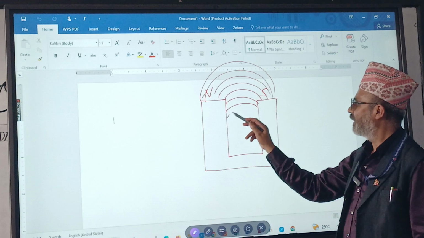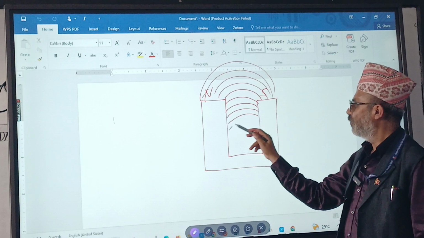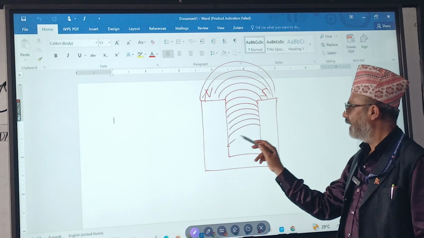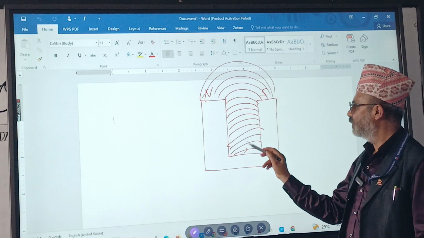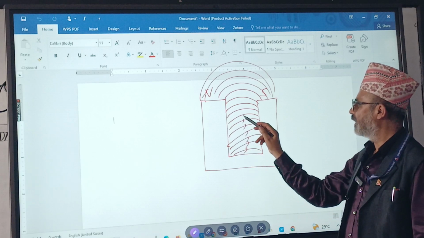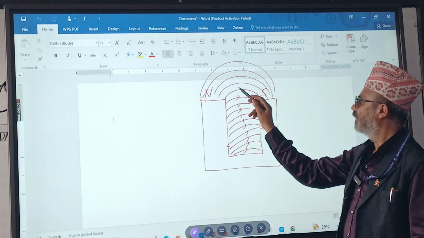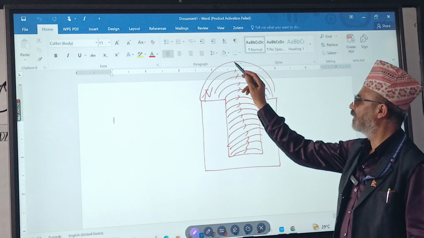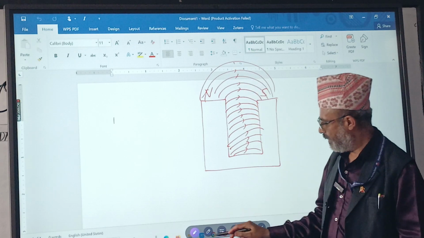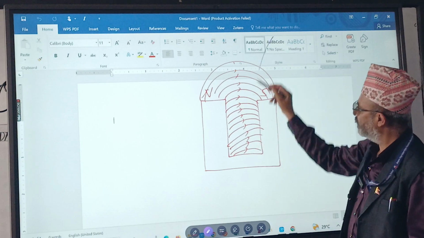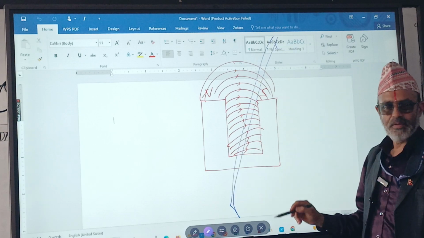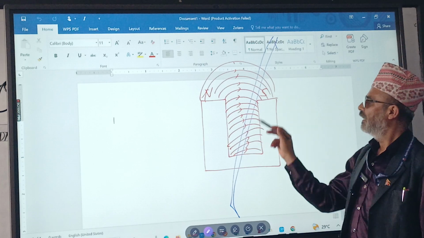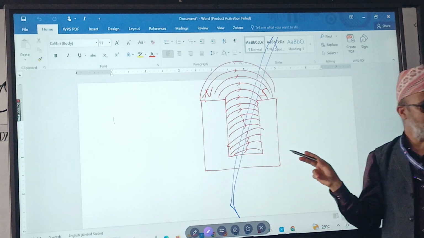We just show them like this, and magnetic lines of force always go from the North Pole to the South Pole. Are they going like this or not? Okay. Then, if we keep one conductor here, when the conductor is placed here, does it cut the magnetic lines of force or not? Yes.